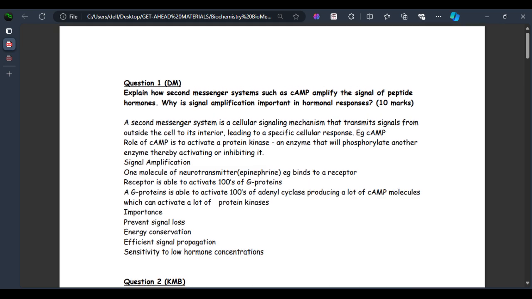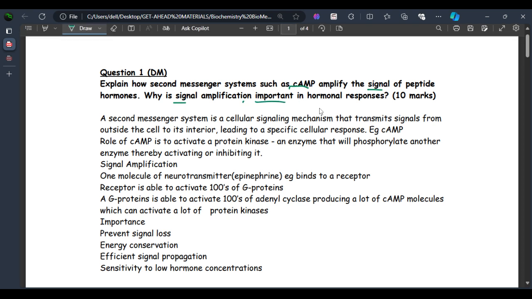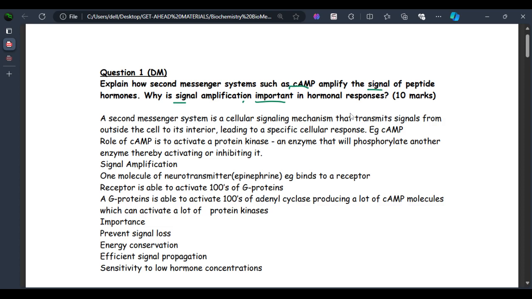The first question from test 3 says: explain how second messenger systems such as cyclic AMP amplify the signal of peptide hormones. What is signal amplification and what is its importance in hormonal responses? Second messenger system is a cellular signaling mechanism that transmits signals from the outside of a cell to its interior, leading to a specific cellular response.